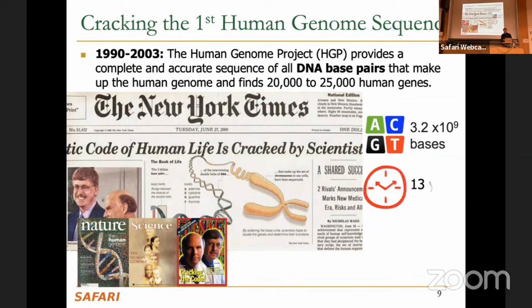This took around 13 years and cost around $3 billion so that we could decipher the 3 billion bases that we have in the human genome. This is, of course, very important because we can now look at the human genome and see what makes us human and what makes us different from other living organisms and other individuals.